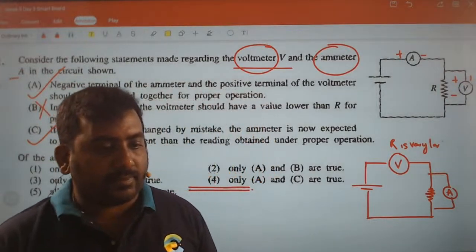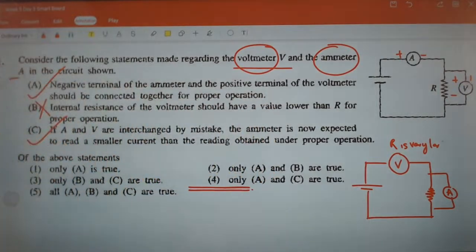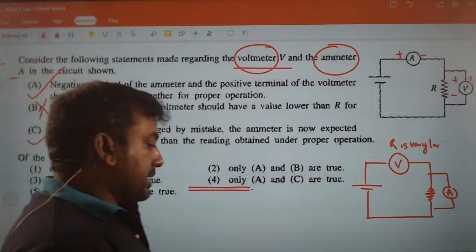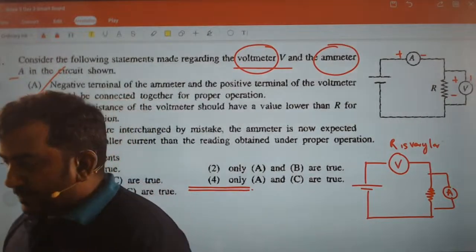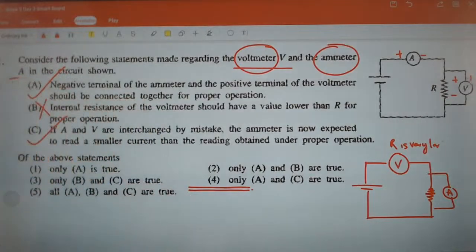Right, no? If we connect a voltmeter in series, the effective resistance will be very large.